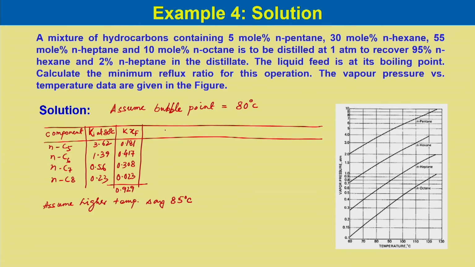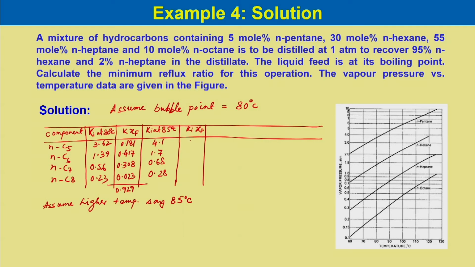We can calculate Ki at 85 degree C, then Ki xf, and we can see the values. So, Ki at 85 degree centigrade would be 4.1, 1.7, 0.68 and 0.28.